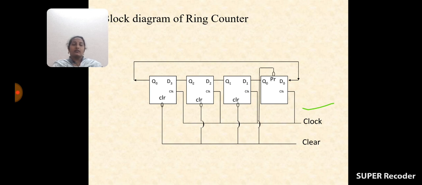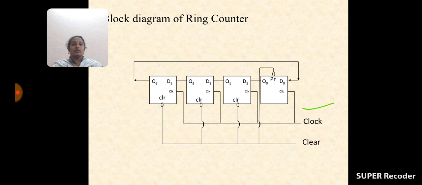But if it is constructed with JK flip flops, the J and K inputs are connected together and given to the preset inputs. The J and K of the first flip flop are connected together, the second J and K are connected together, and they are given to the output of the next stage.